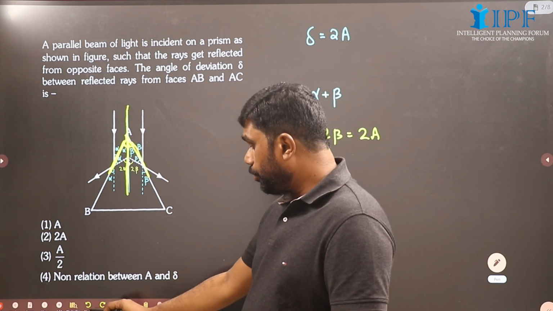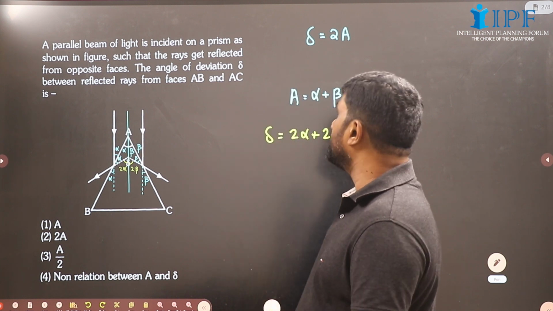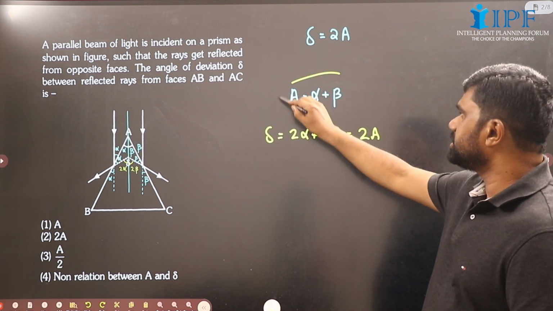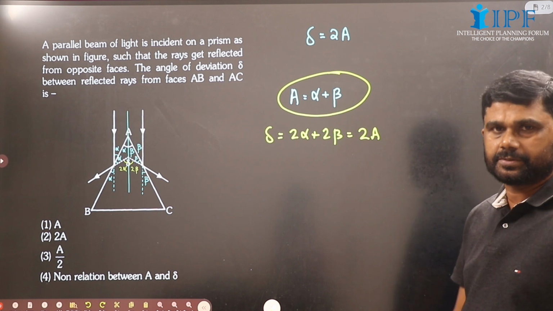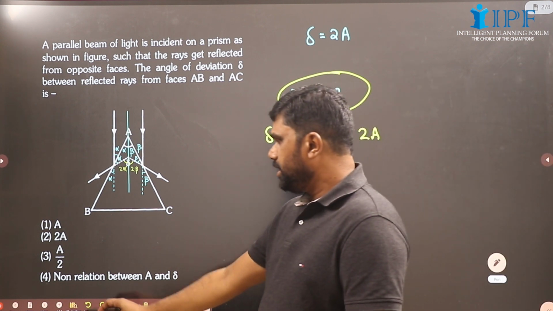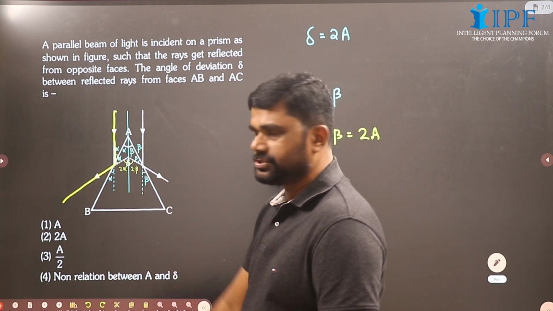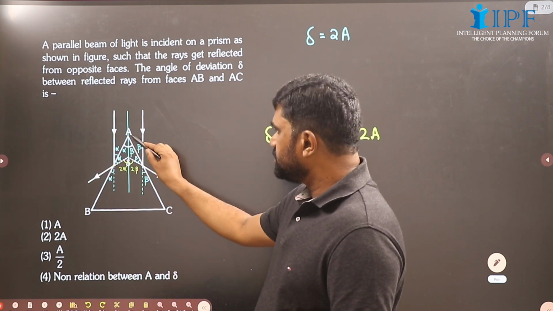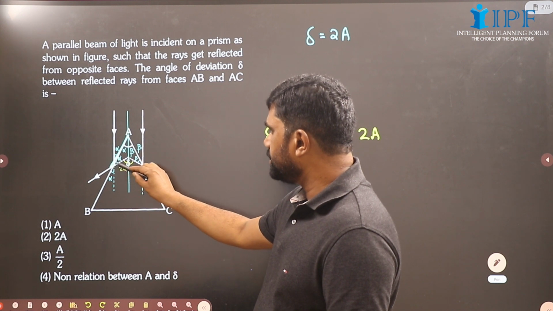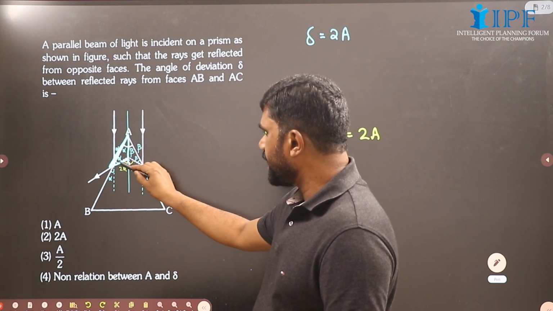So the angle of the prism is actually alpha plus beta. A is alpha plus beta, the angle of the prism. Now this ray is vertical and it gets reflected like this. Now consider this triangle.